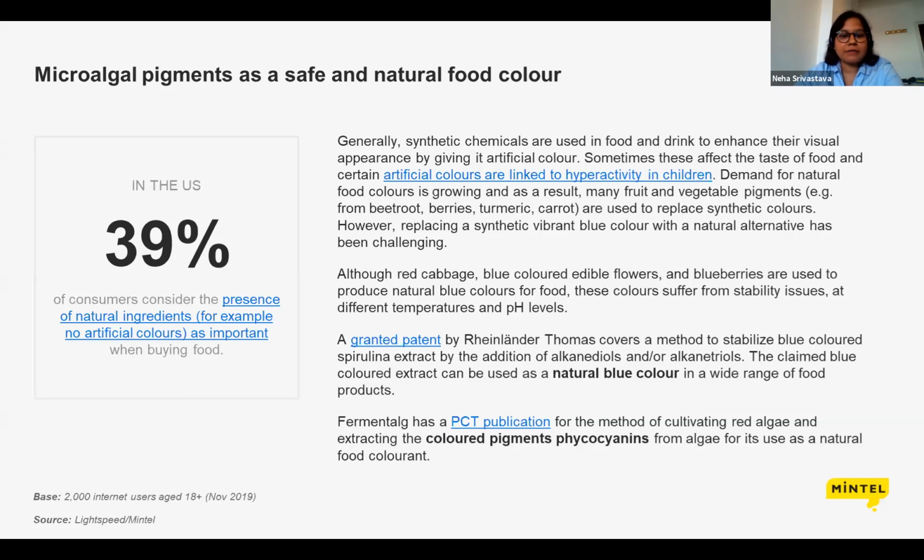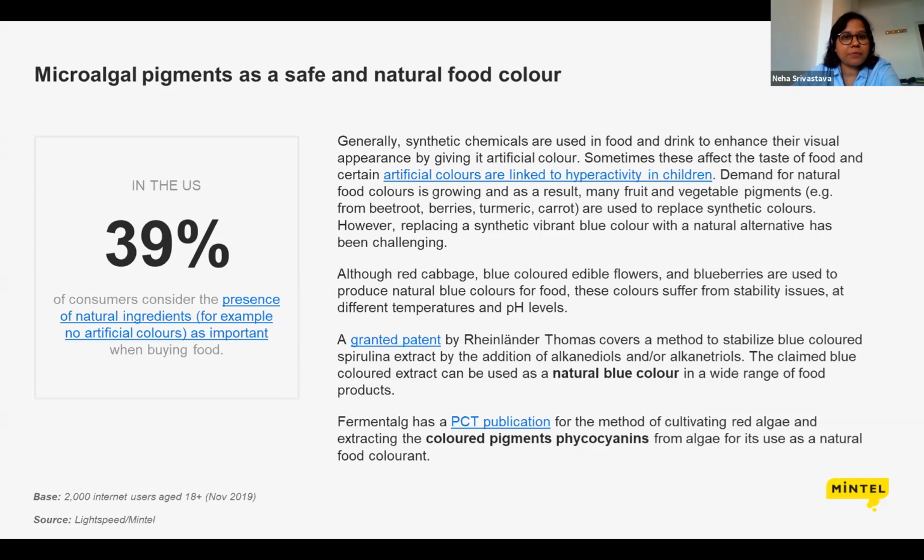Colors like red, yellow and orange are easily available in different varieties of fruits and vegetables, but preparing natural blue or green color is very difficult. So different inventors are trying to identify non-toxic pigments from microalgae and use them as a natural blue food color.